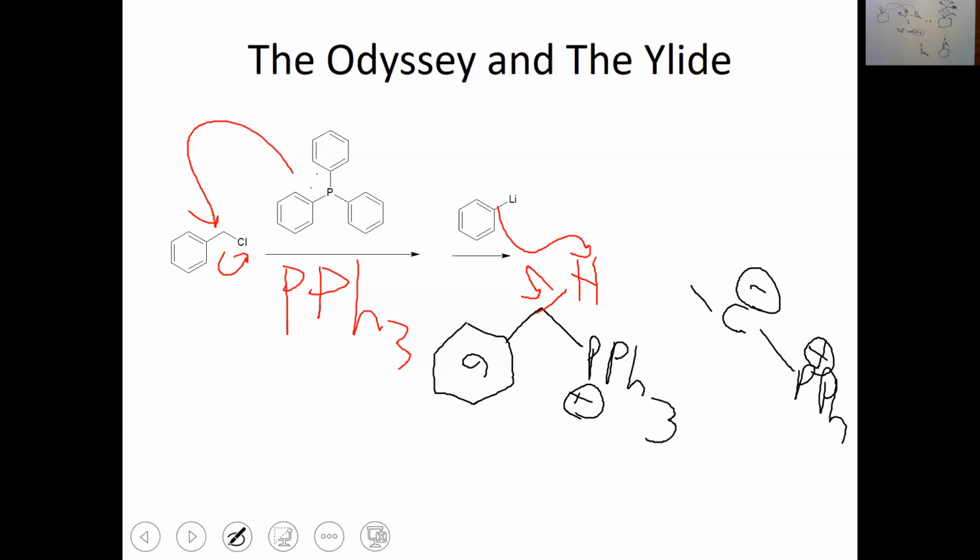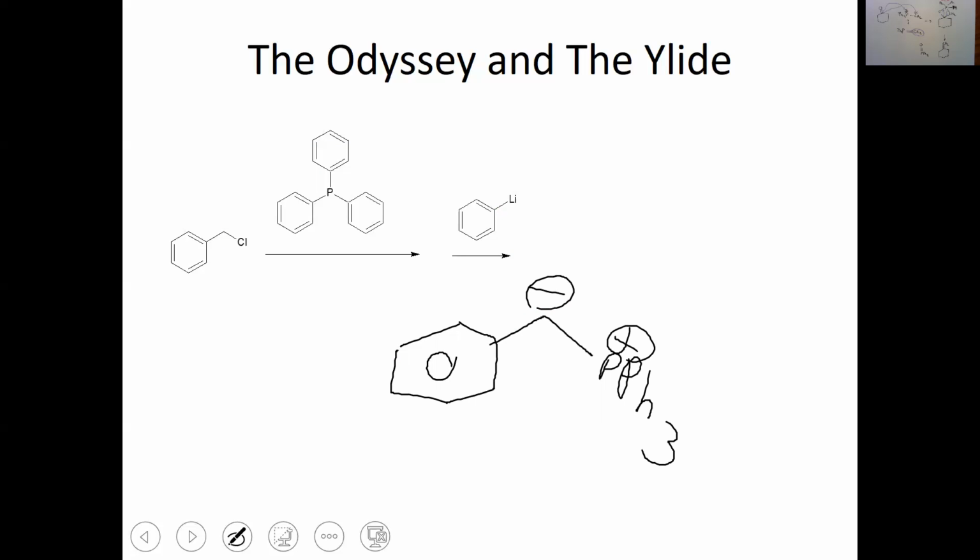So you can share electrons between your carbon and phosphorus. That is my ylide. Let me clear off the screen so you can see it a little better. So there's my ylide, a little more clearly than it was previously.